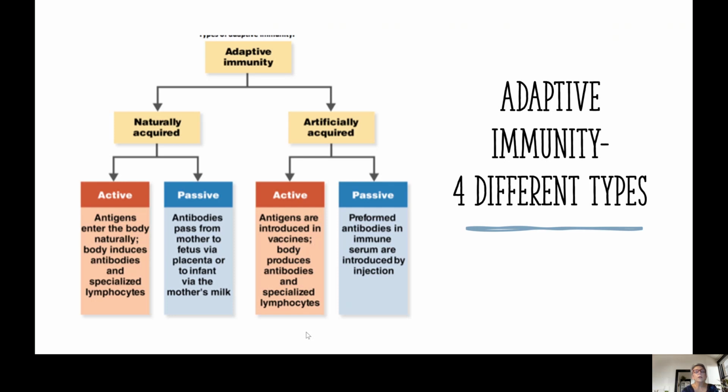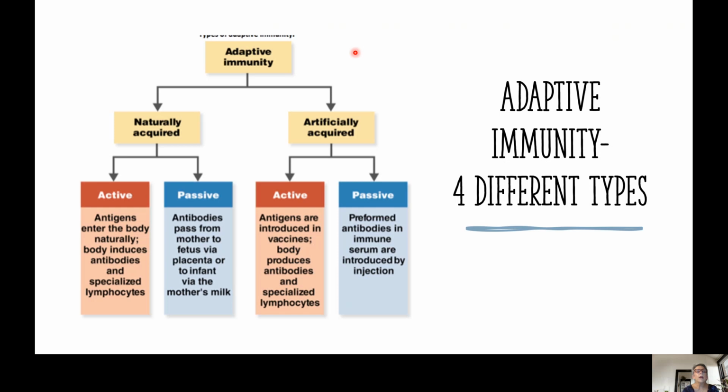When we start comparing and contrasting the innate versus adaptive immunity, we're looking at adaptive immunity on this slide. So to separate it, innate immunity was the inflammatory response that is non-specific. Adaptive immunity is specific. So your body has to be exposed to some sort of antigen to trigger this.